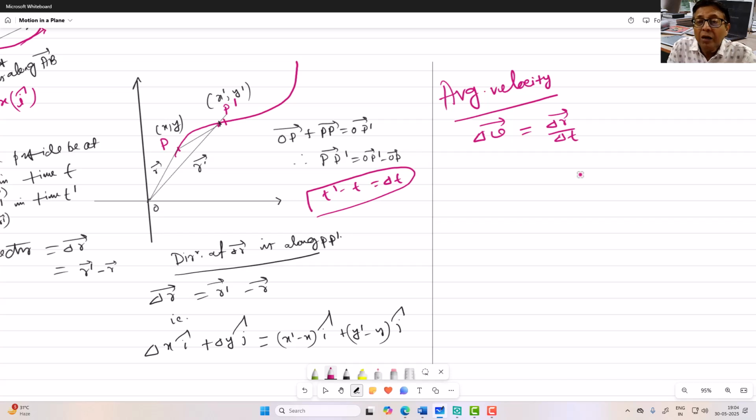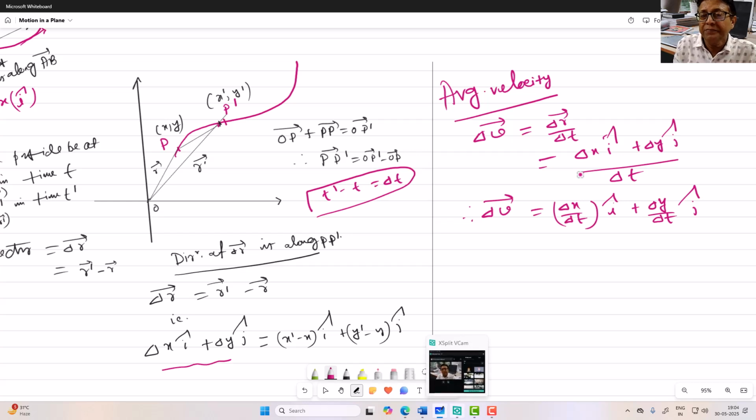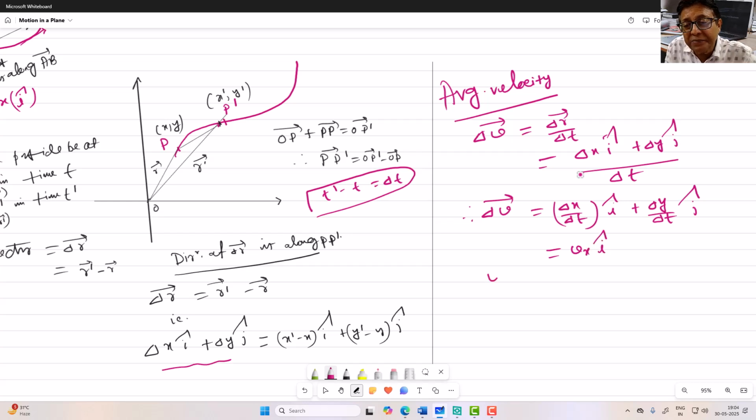Okay. Now delta r is what? Delta r we have written in this form, that is delta x i plus delta y j, divided by delta t. Therefore, delta v is going to be delta x by delta t i cap plus delta y by delta t j cap. Isn't it? This delta x by delta t is the average velocity along the x-axis.